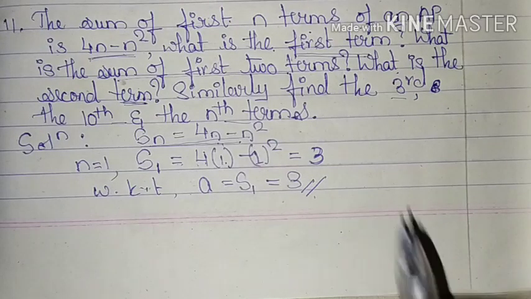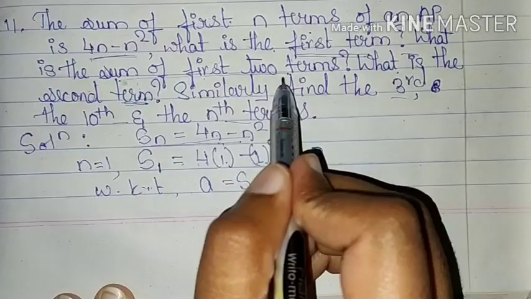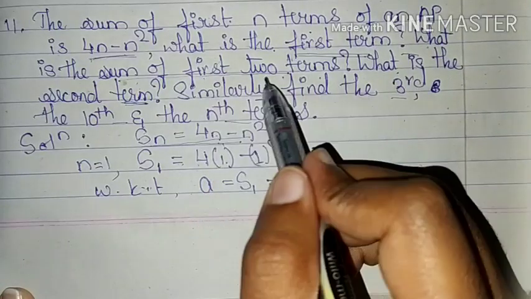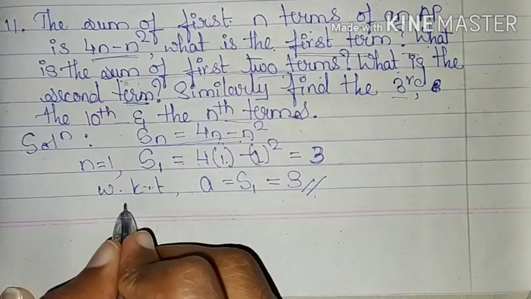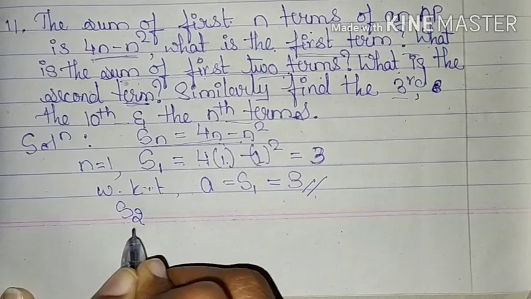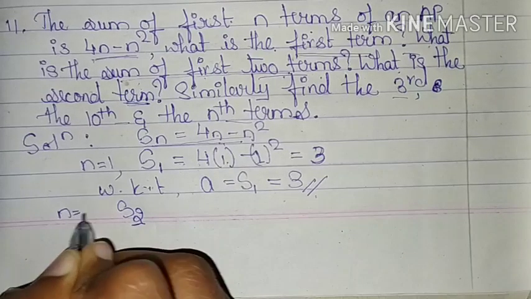Now the second question is, what is the sum of the first two terms? We denote the sum of the first two terms by S2, since the value of n here will be equal to 2.